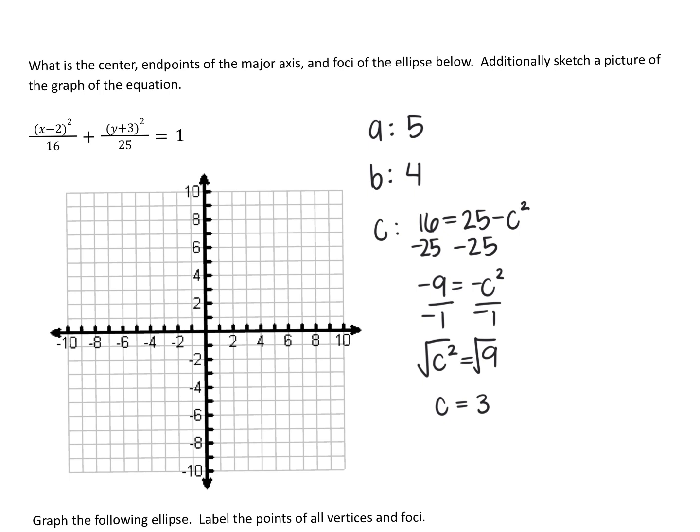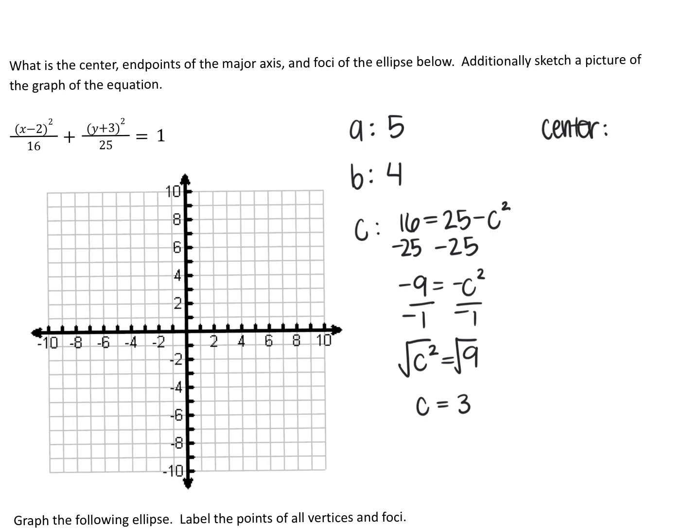Because our center is no longer at the origin, the coordinates of my points are a little bit different. So my center is at the point 2, -3, which means my vertices are going to add and subtract from the y value.